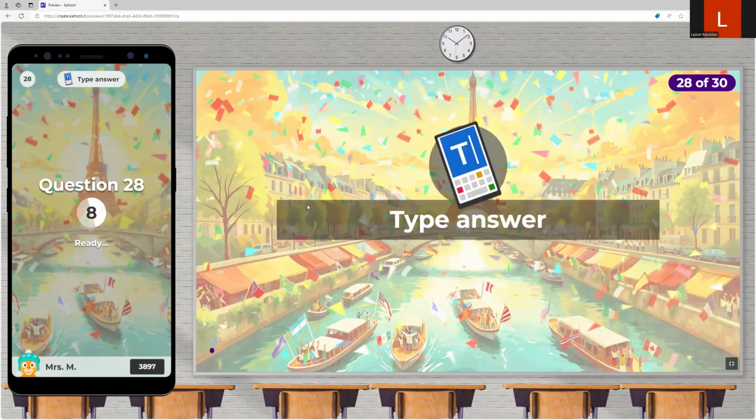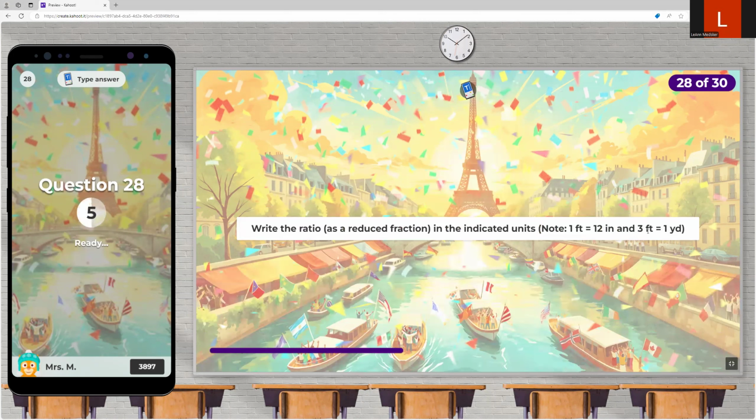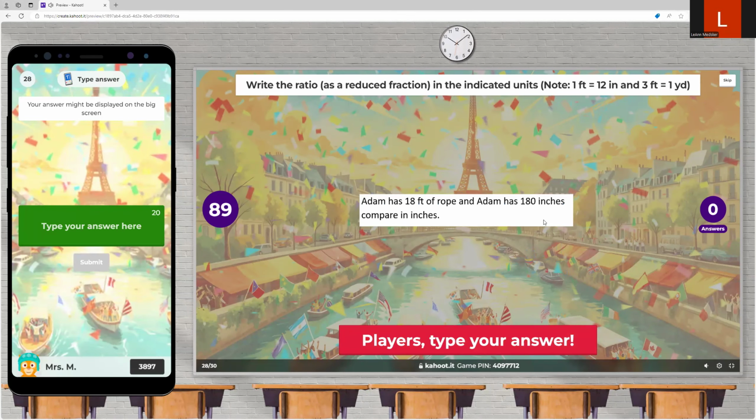All right, so this next one we have, again, 1 foot is 12 inches, 3 feet is a yard. Take the bigger measurements because inches is smallest, feet is middle, and yards is the largest. So we have feet and inches. So I'm going to be converting feet down to the inches because that'll make our numbers work out. So we're going to times this by the 12 inches per foot. I don't know what that is off the top of my head.